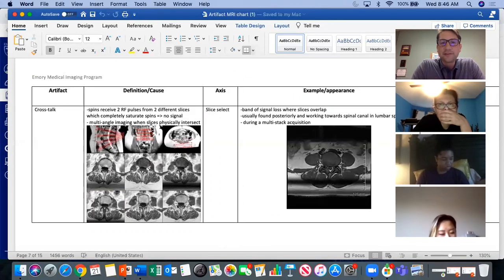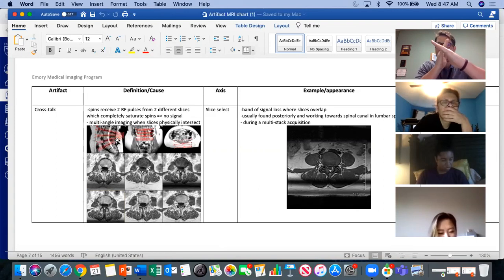By definition, this is where hydrogen spins receive 2 RF pulses from 2 different slices, which completely saturate that spin. Imagine a spin here, and you have 2 intersecting slices just because of the way they're angled.